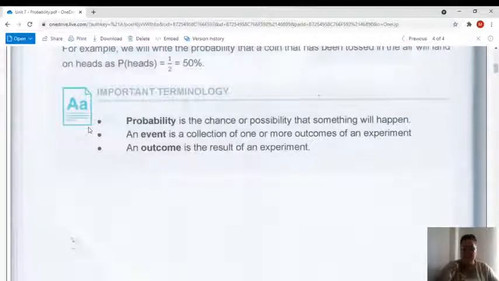An event is a collection of one or more outcomes of an experiment. Okay, so now you've got physics, you are doing an experiment, take Enos for example. You have 2 glasses and 2 bags of Enos. For the first one, you put the Enos in first, and then you put the water in. For the second one, you put the water in first, and then you put the Enos in. What do we know can be expected?